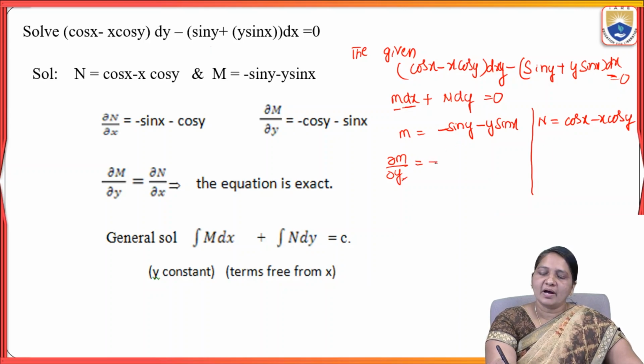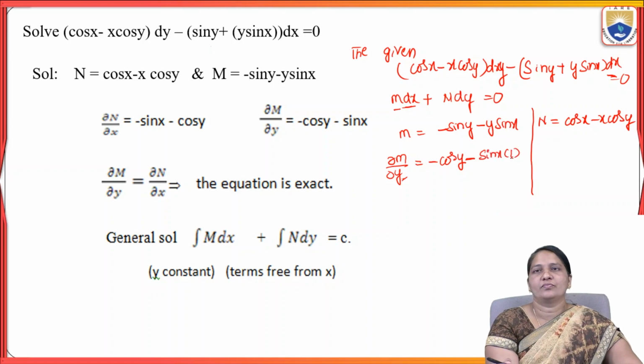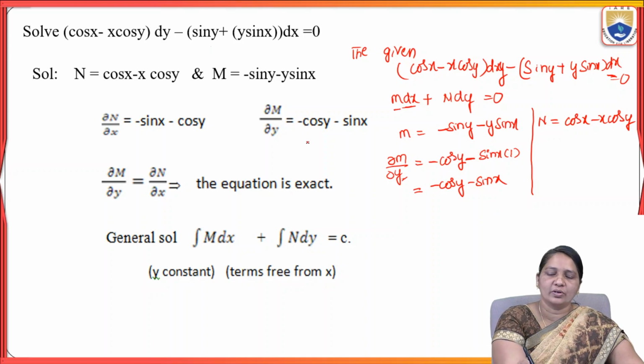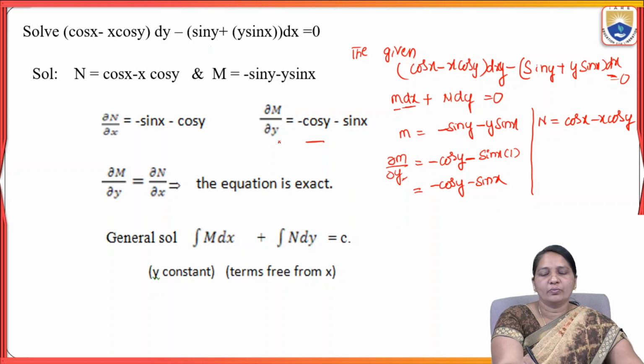Here minus, the differentiation of sin y is cos y. Minus, when you are differentiating with respect to y, x is constant, so sin x is constant and the derivative of y is 1. So finally this value is minus cos y minus sin x. This is the dou M by dou y value.